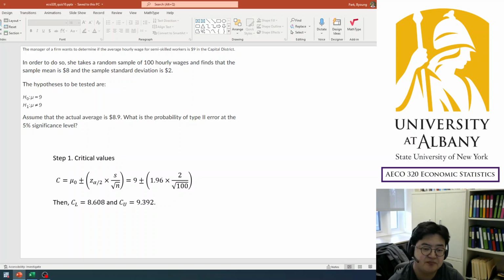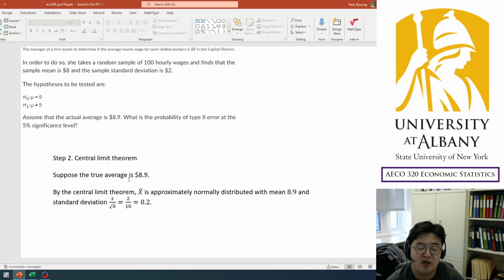In step 2, we need to find the parameters we are going to use. Now what we are doing is we assume that your belief is wrong. $9 is wrong, but the truth is $8.9.